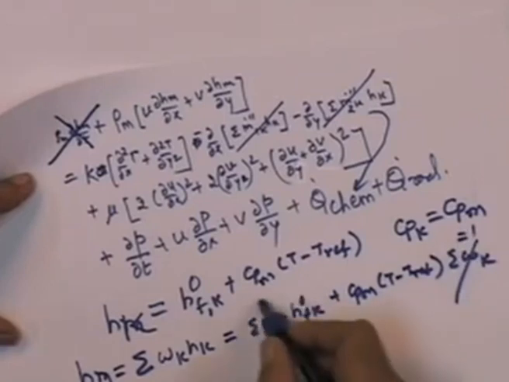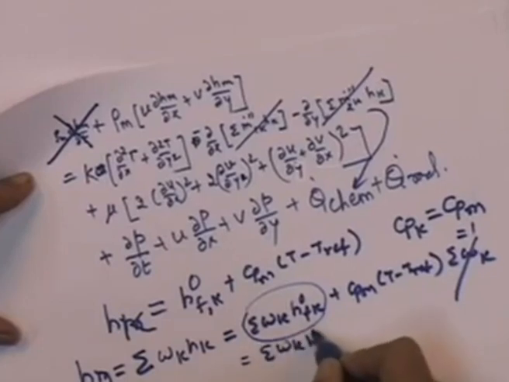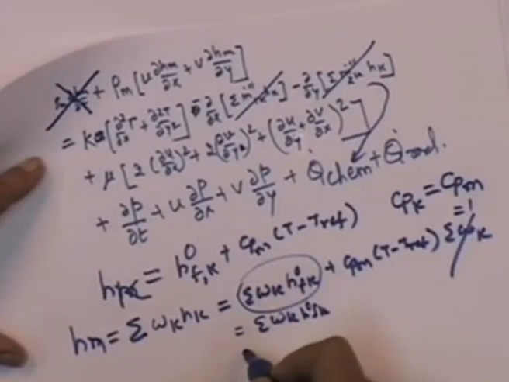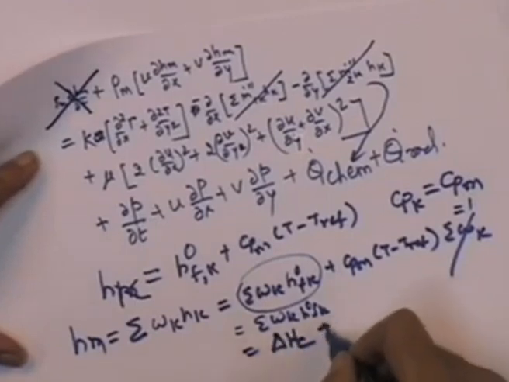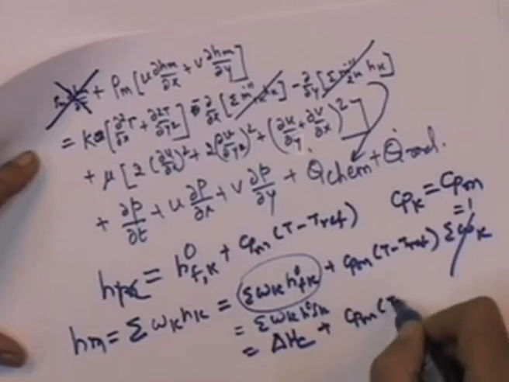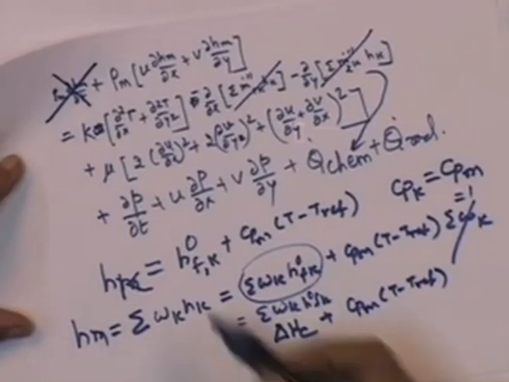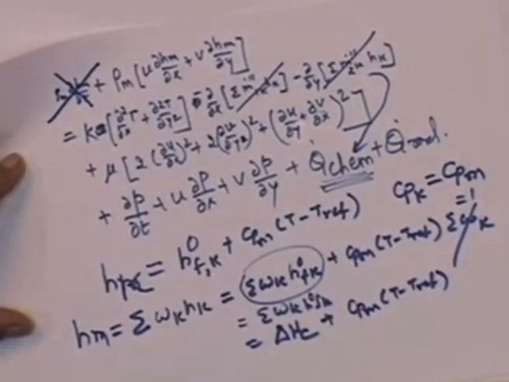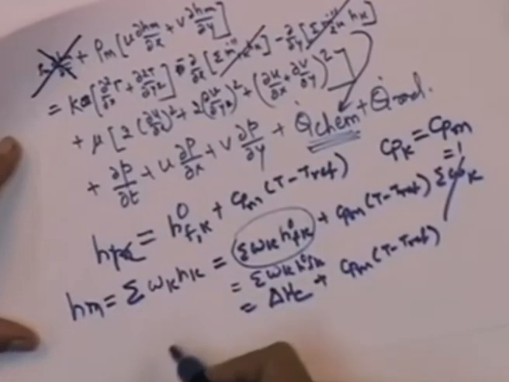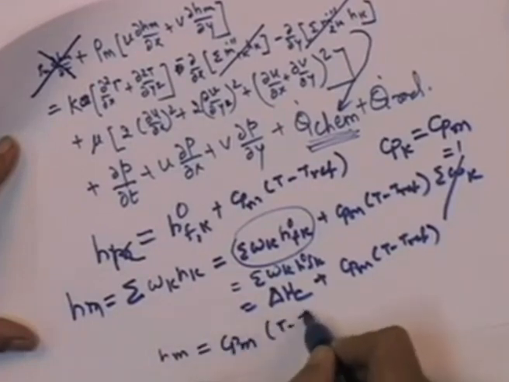So, essentially you get that term sum omega k h naught f k, and that is equal to heat of combustion plus Cpm T minus T ref. And therefore, this term essentially is accounted for by the chemical reaction, and I can replace Hm here for non-reacting flow as Cpm T minus T ref.